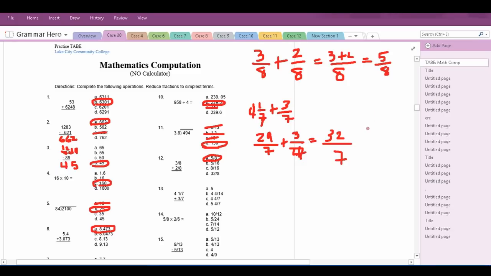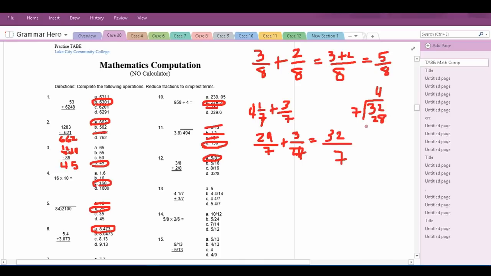This is basically saying 32 divided by 7. What's the closest we can get by multiplying 7 by something? 7 times 5 is 35. That's too great. 7 times 4 is 28. So we know it's going to be 4.